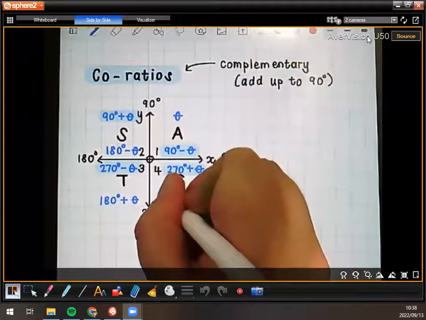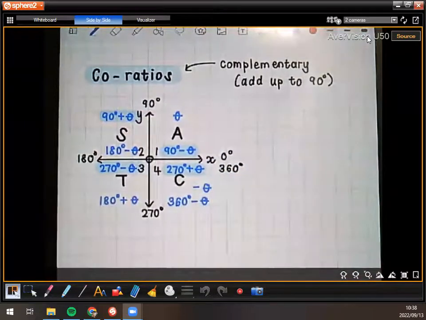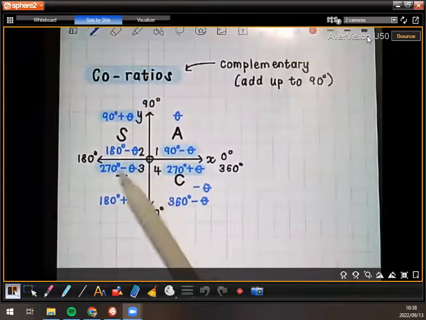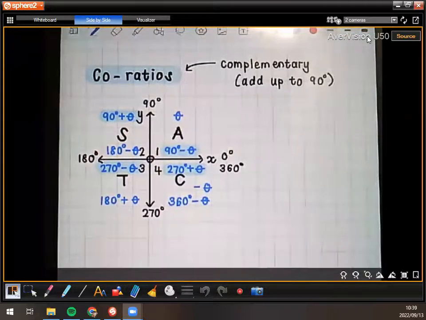That also lands in the fourth quadrant. Those are just the most common ones that we've seen, but obviously there are lots of other ones. So guys, make sure that you've highlighted these two with the 90s and these two with the 270s, because those give us co-ratios. If you see the word co-ratio, I want you to think immediately 90 degrees. 90 plus, 90 minus.